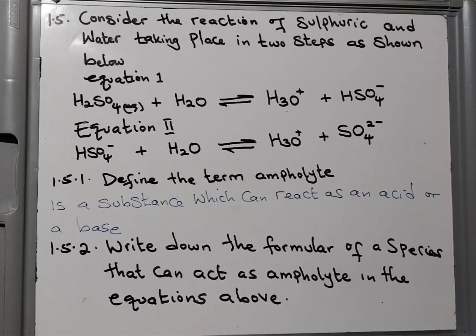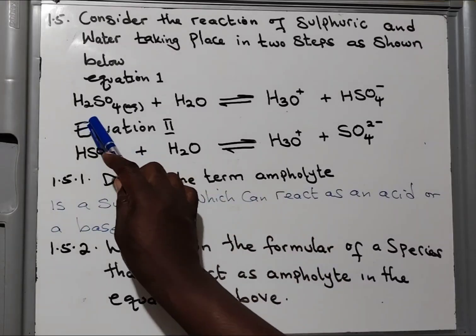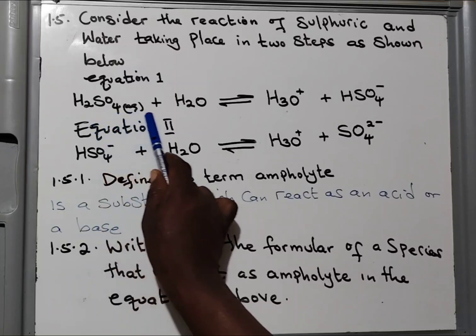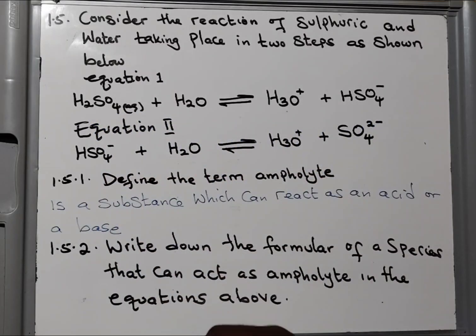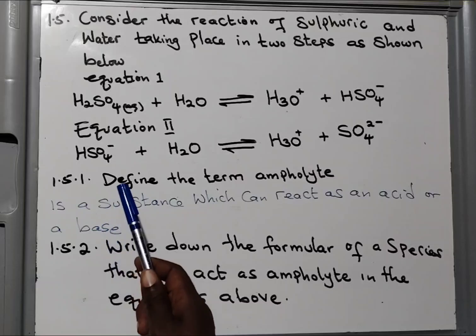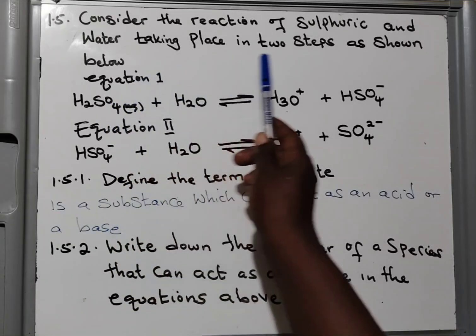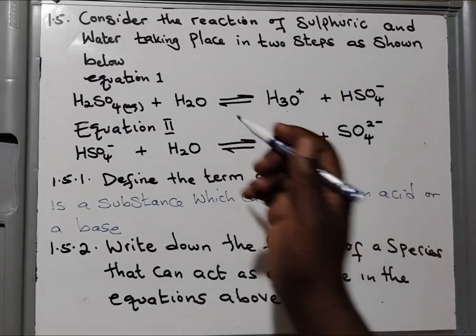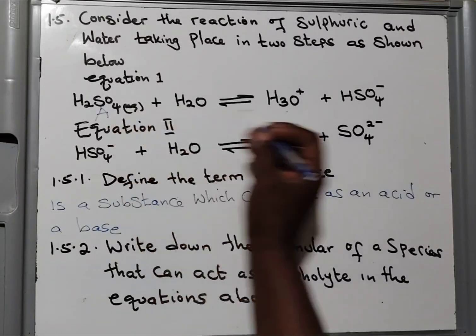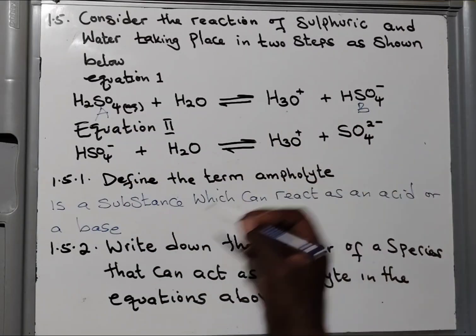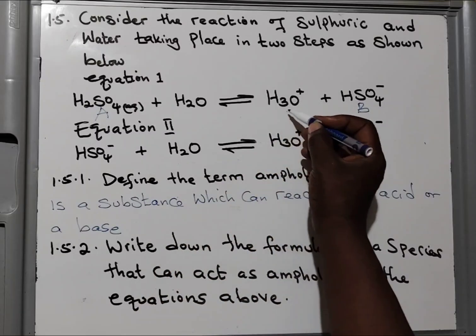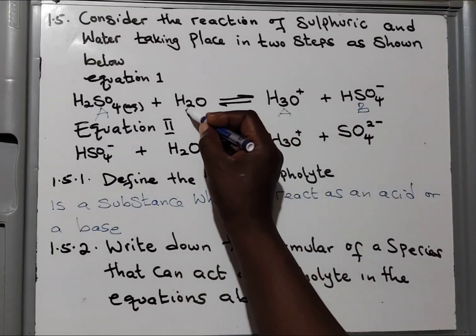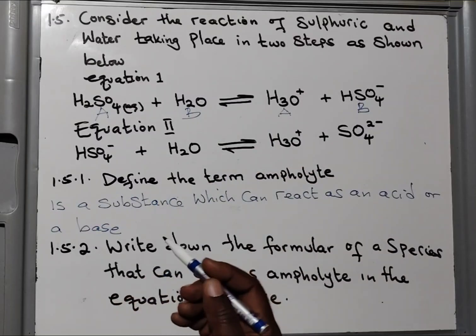Now, remember we said ampholyte can behave as an acid or a base. It can flip its behavior. Now, when you look at the first equation, we're having this one as the acid, and this one as its conjugate base.